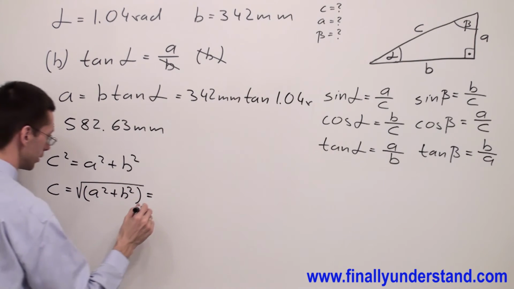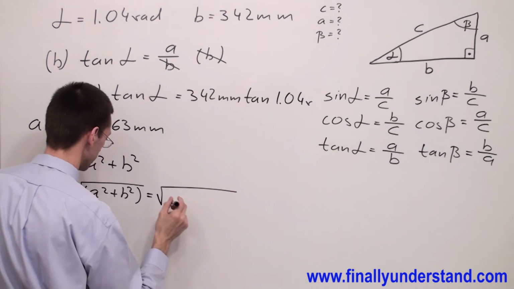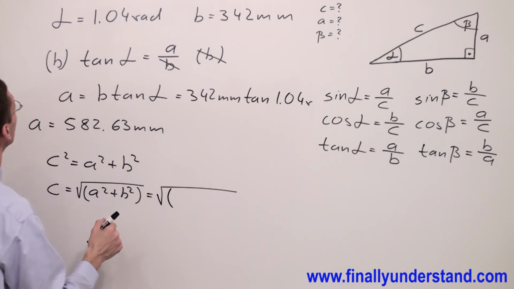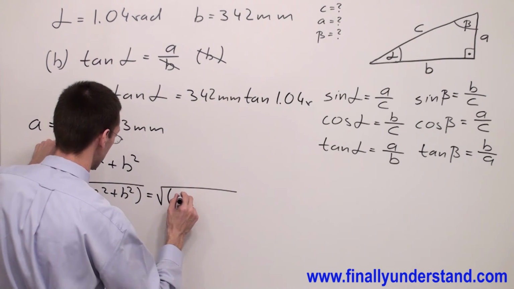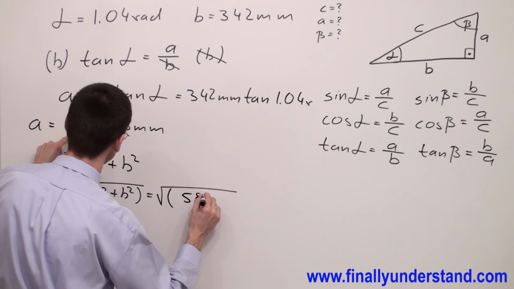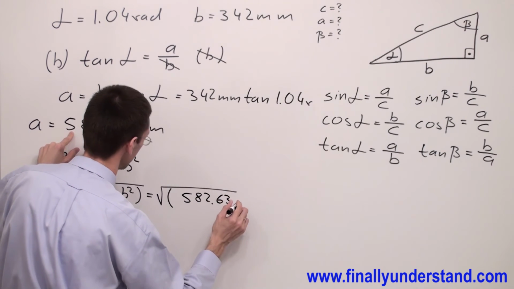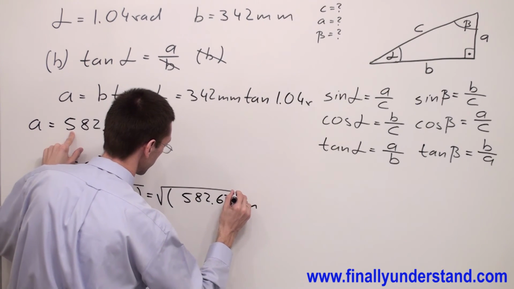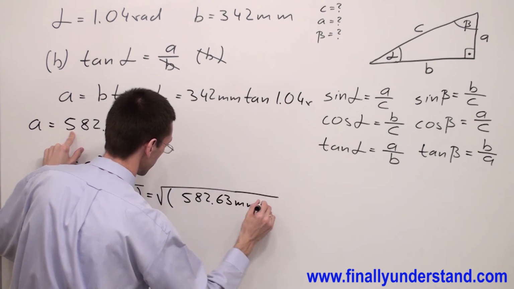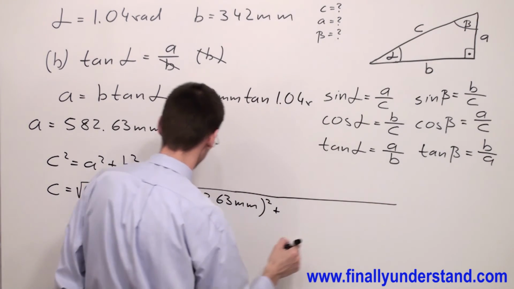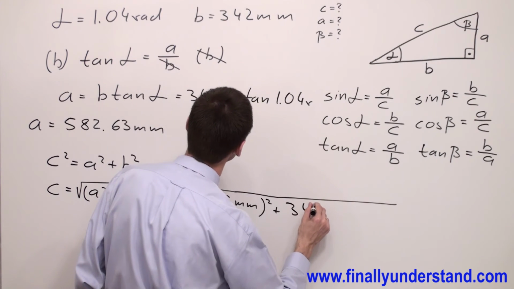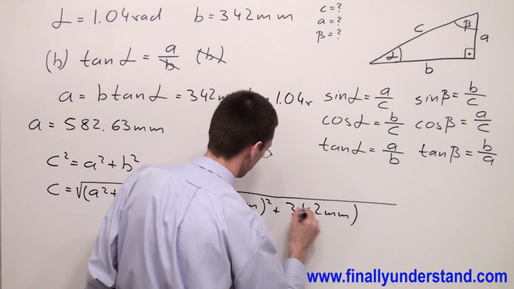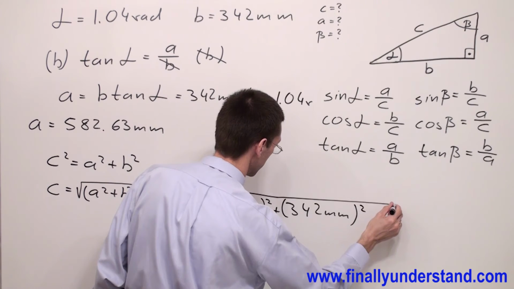This is equal square root, open parenthesis, and I have A, which is equal 582.63 millimeters raised to the second power, plus B, which is equal 342 millimeters raised to the second power.